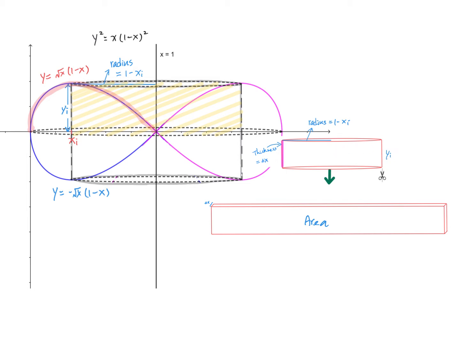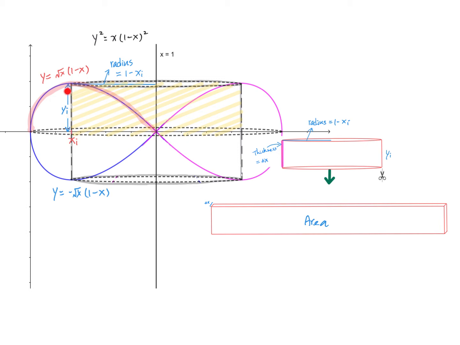Now let's take a look at the dimensions of this hollow cylinder. Let's go back to our torus. If we peel off this torus into an infinite number of tubes, each of them identical in thickness, delta x, and let's say here at this point the value of x equals xi, then the height of this cylinder goes all the way to the curve.